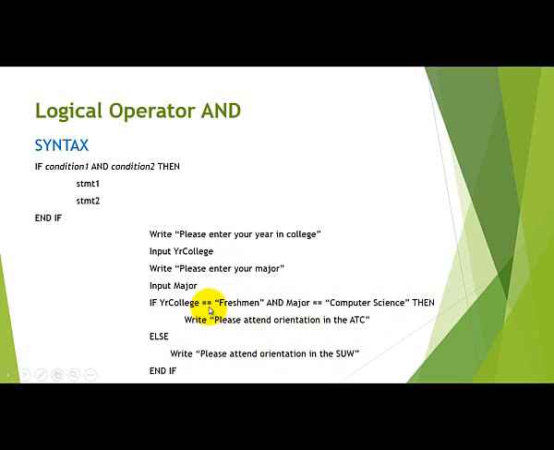So if I'm not a freshman or my major is not computer science, then I'm going to attend orientation in the Student Union West. If my year in college is freshman and I'm a computer science major, then I'll go to the ATC. The and again means both these conditions have to be true. Here I use the double equal sign to make sure that those values are equivalent.